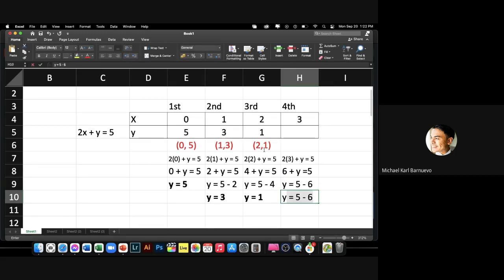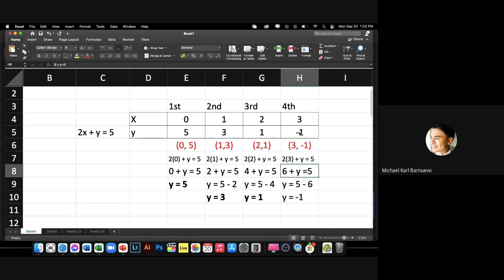Our y is equal to negative 1. 5 minus 6 is, of course, negative 1. So we put negative 1 here. Ayan. Our fourth coordinate is 3, negative 1.